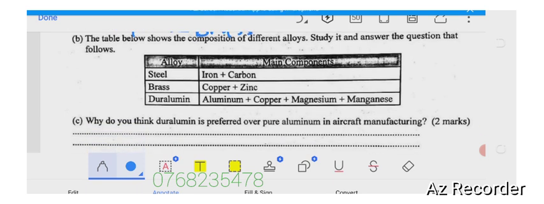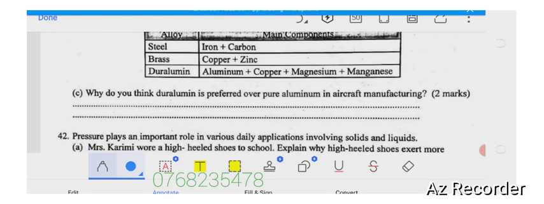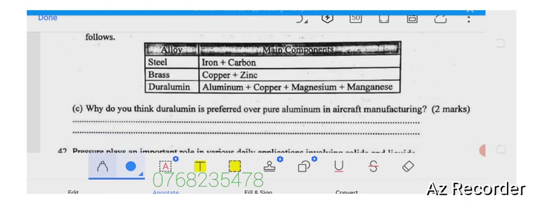So the table, one side is written alloy and the other side main components. So steel is made up of iron and carbon, brass is made up of copper and zinc, and duralumin is made up of aluminium, copper, magnesium, and manganese. Why do you think duralumin is preferred over pure aluminium in aircraft manufacturing?